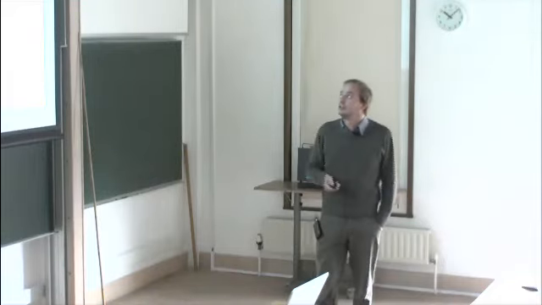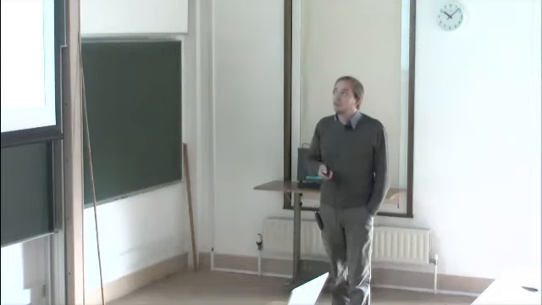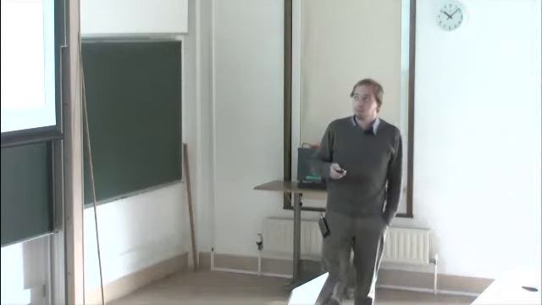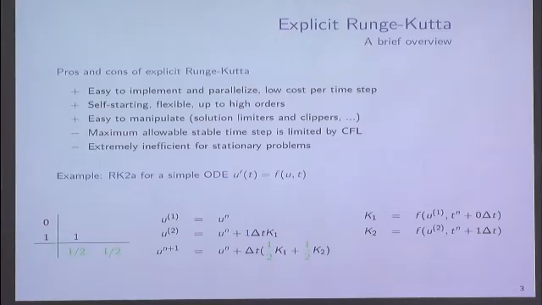Just a brief reminder: I'm going to talk today about explicit Runge-Kutta methods. You know all this, pros and cons, some of them are listed here. What is important here is that explicit Runge-Kutta methods are easy to implement and parallelize, so we have a very low cost per time step.